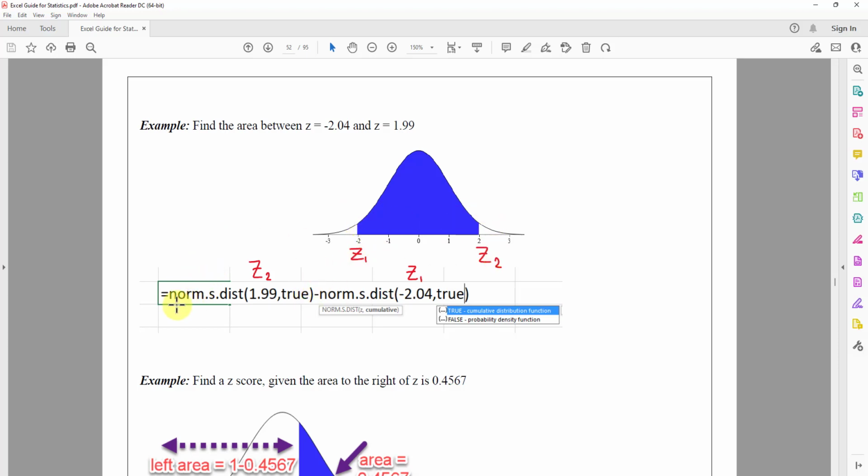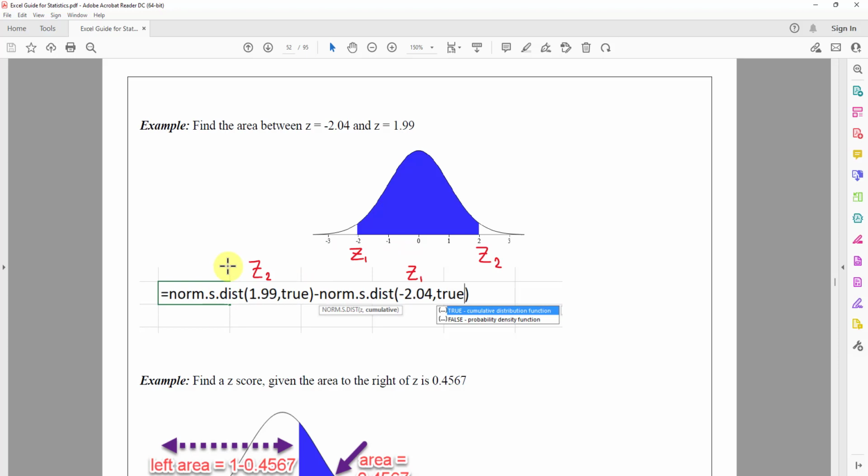So what I do is I use the norm.s.dist, the standard normal distribution, right? And then I input the Z2. That means I take the upper value and I put it as the first argument, and 2 for the second argument. The reason I put 2 is because I want all the area on the left.